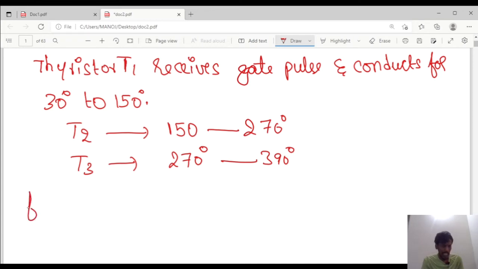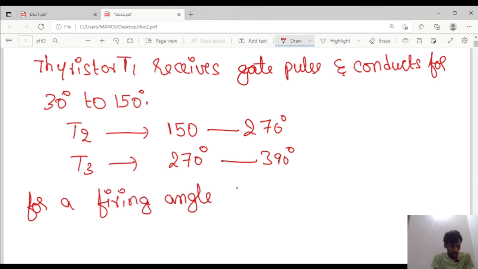For a firing angle alpha value of 0, thyristors T1, T2 and T3 would behave as diodes.